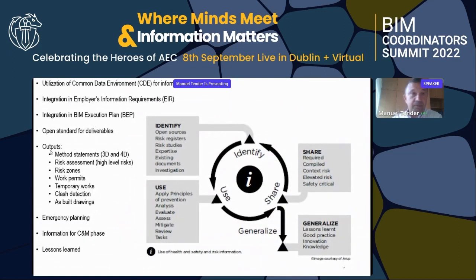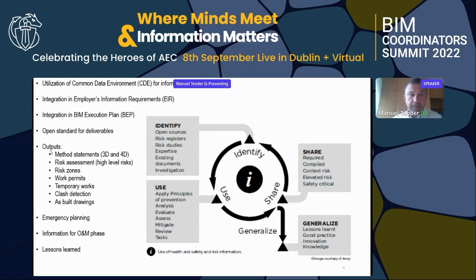So this document gives us some very important topics: the use of CDE for information sharing, the integration of HOS information in the employer's information requirements and in the BIM execution plan, to have an open standard for deliverables, and it indicates some outputs that we must have when we work HOS through BIM. Some of them are method statement, the 3D model, the 4D model, animated, risk assessment, risk zones, work permits, temporary works.